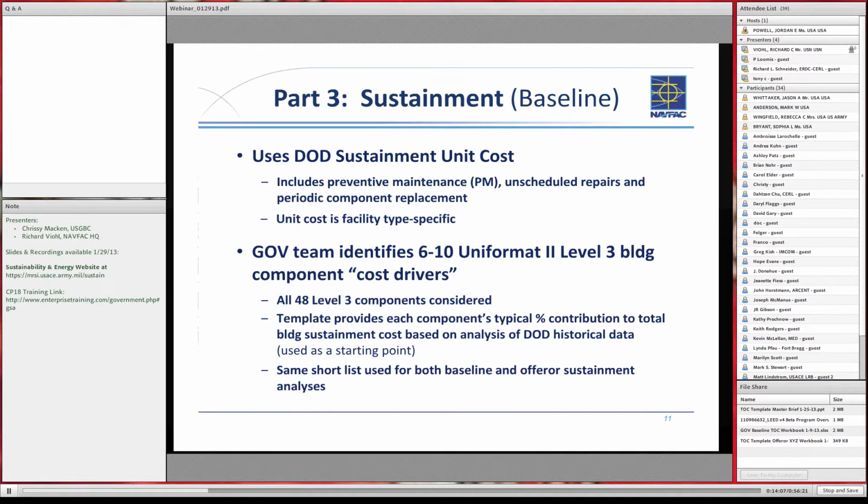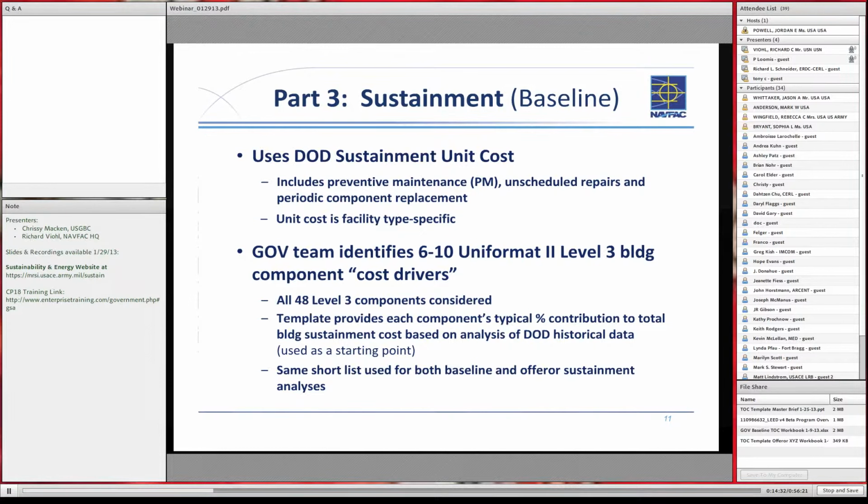And they then look at what they consider the most important based on percentage of the sustainment costs that each of those components contributes. They pick those most important. When they have picked the most important in the baseline, they then automatically transfer that same list of components to the offeror's workbook, and the offeror will be responding with sustainment information on the same components.